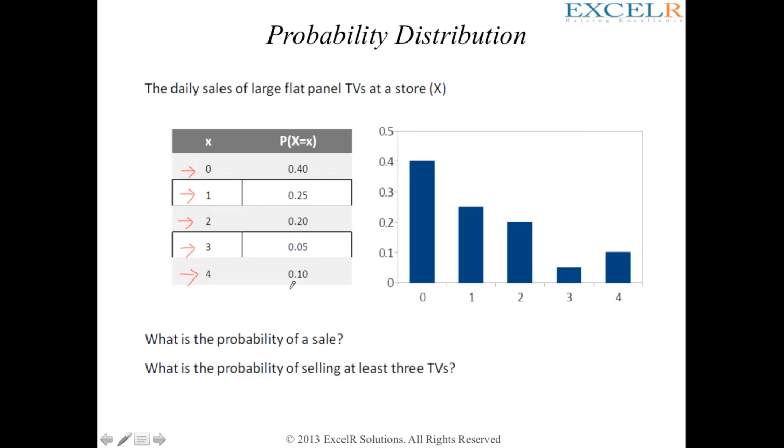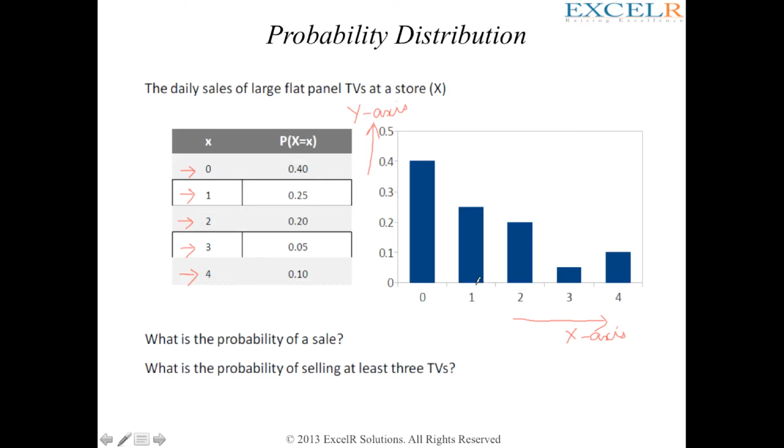If I represent the number of television sets sold on the x-axis and the probability on the y-axis, and if each of the probabilities is represented using a bar, for example, selling 0 television sets is 40%, represented using 1 bar.